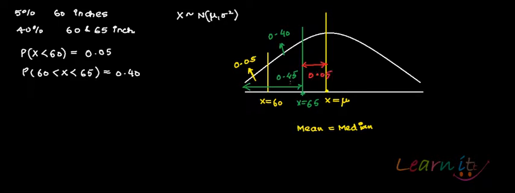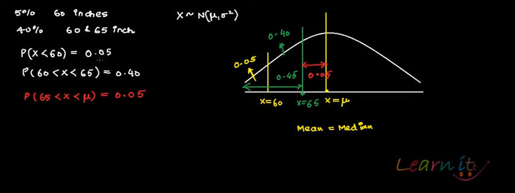That is 5%. So how could you write this? P(65 less than x less than mu) is 5%, which is 0.05.